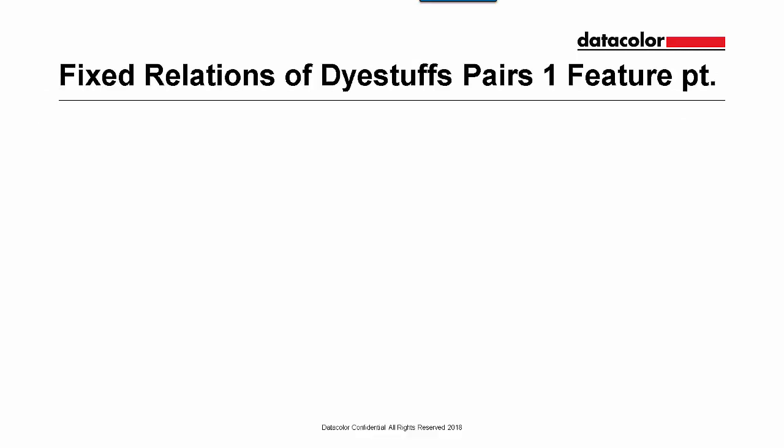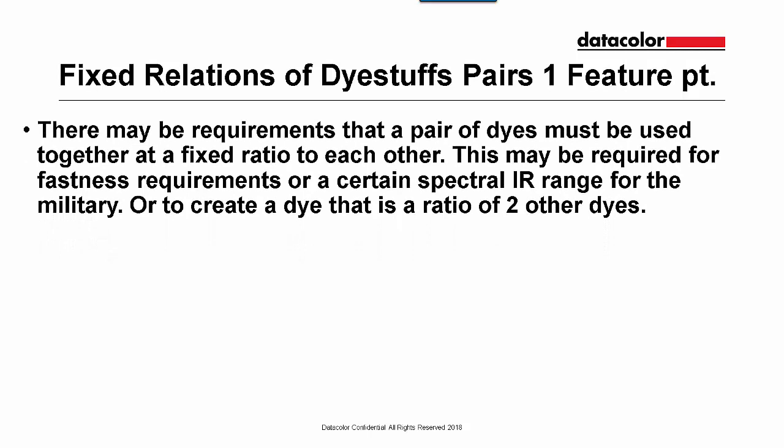The option Fixed Relations of Dyestuff Pairs is worth 1 feature point. There may be a requirement that pairs of dyes must be used together at a fixed ratio to each other. This may be required for fastness requirements or certain spectral IR ranges for the military. Or it could be to create a dye that is the ratio of the 2 other dyes.